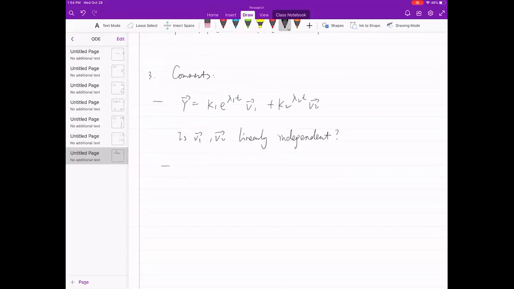Actually, they are. The eigenvectors for distinct eigenvalues are linearly independent. So you don't even have to check. They have to be.